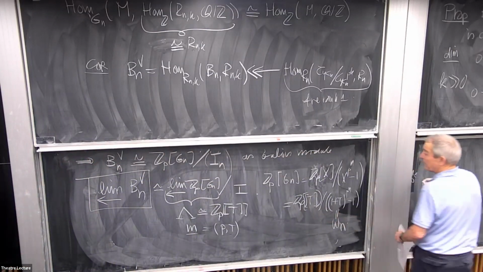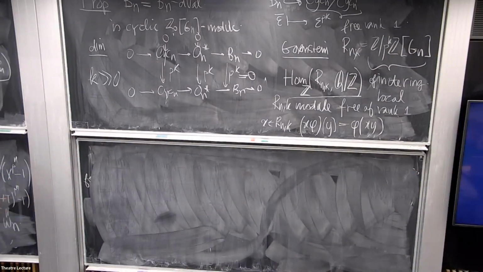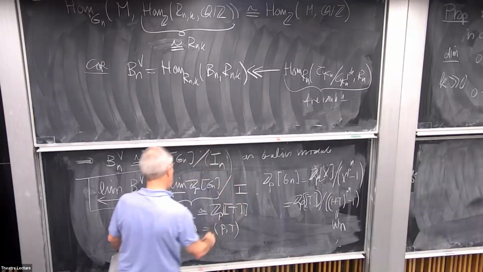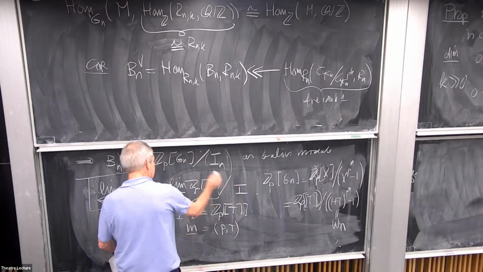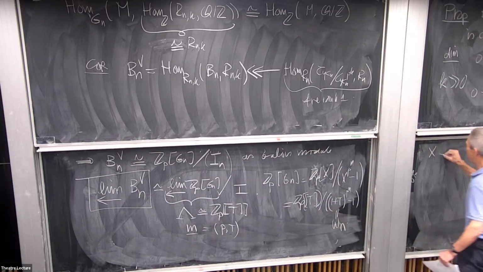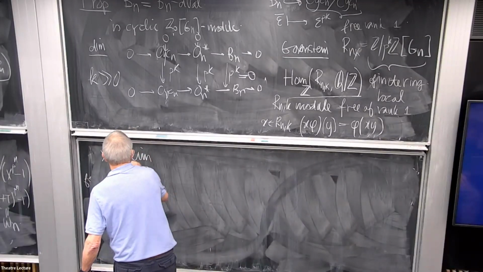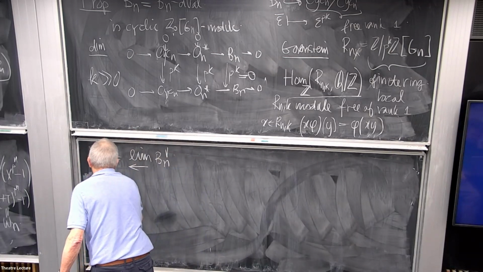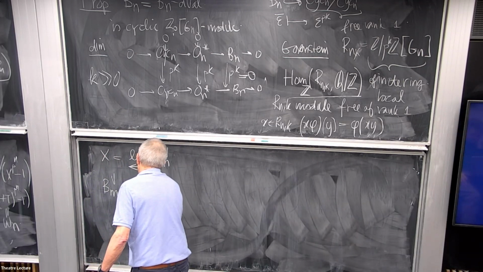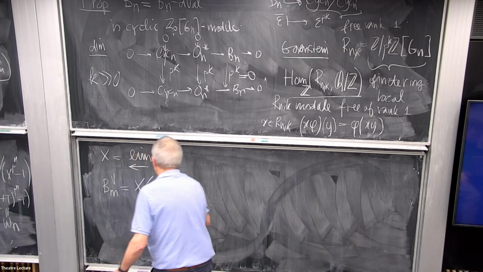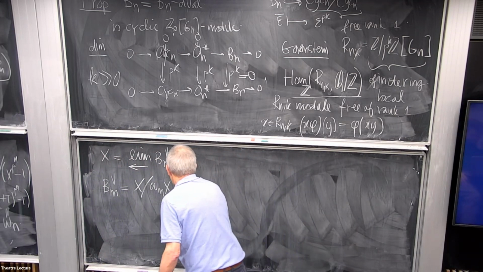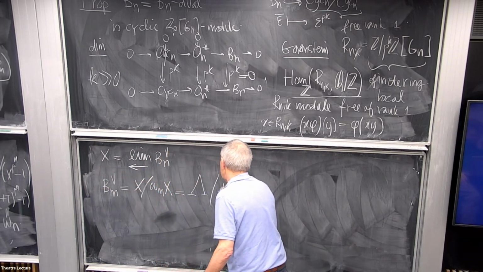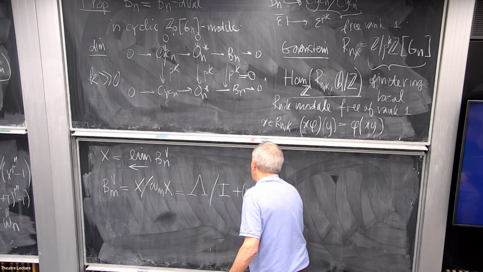That corresponds to the fact that if I call this thing x, so x is the projective limit of the Bn dual, then at a fixed level, Bm dual is x modulo omega m x, and so that is also cyclic. It is lambda modulo. Then I get the same things back. I get this ideal I plus omega m.